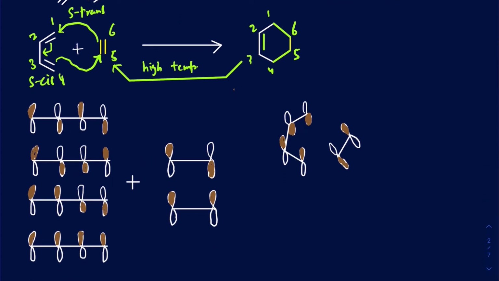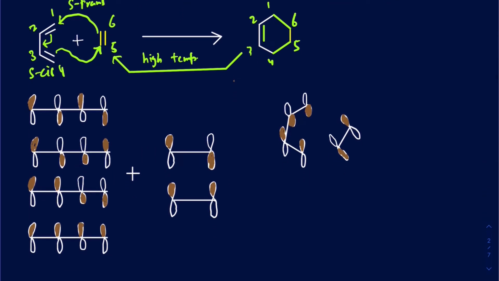If you look at the molecular orbital diagram, these are the molecular orbitals for these pi systems, and hopefully you already know all this. If you don't, you want to watch another video of mine where I talked about how you arrange those. So this is going to be pi 1 to pi 4 for the diene, and for the dienophile, since you only have 2 p orbitals, you're just going to have psi 1 and psi 2.